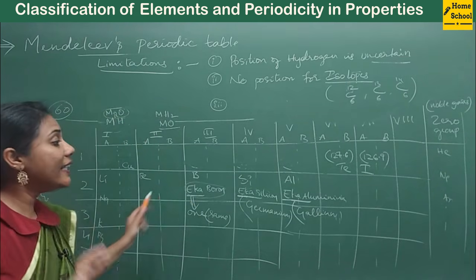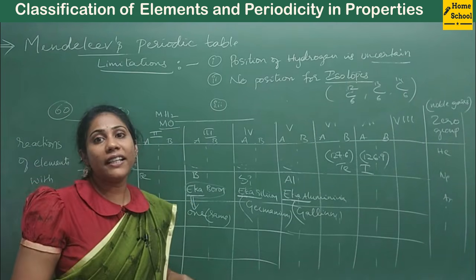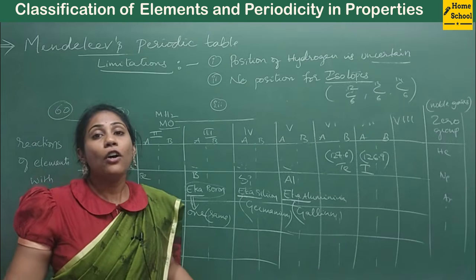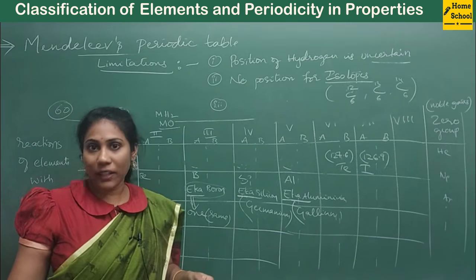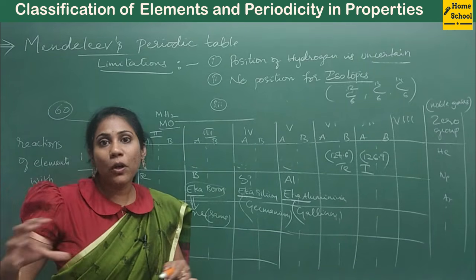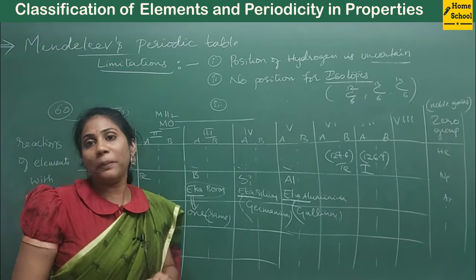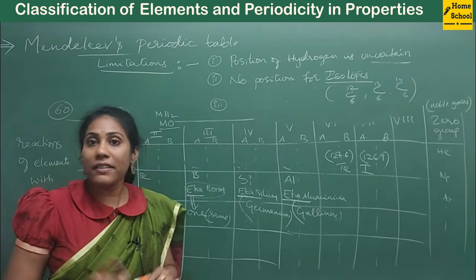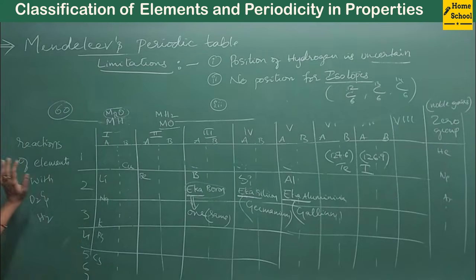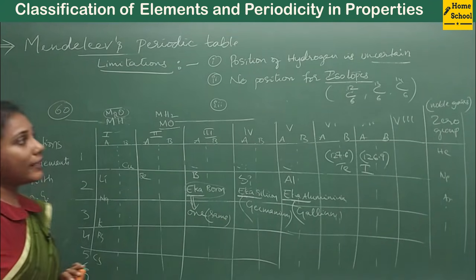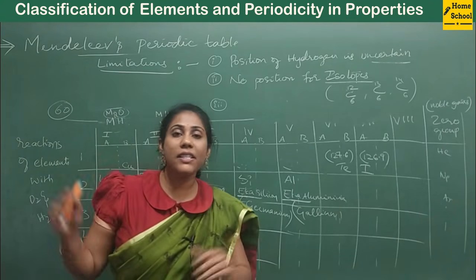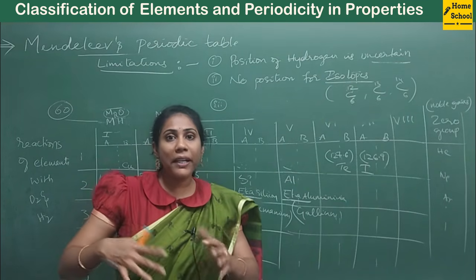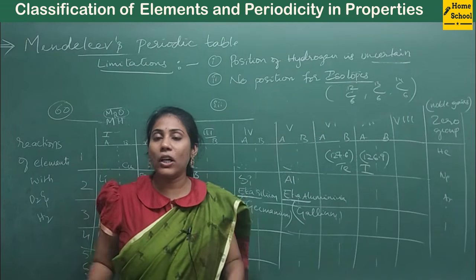And the way he left gaps for newly discovered elements is one interesting fact that modern people appreciated. And even in the modern periodic table, you can give place for newly introduced elements, right? So that's about Mendeleev's periodic table. This completes our history part of the periodic table.